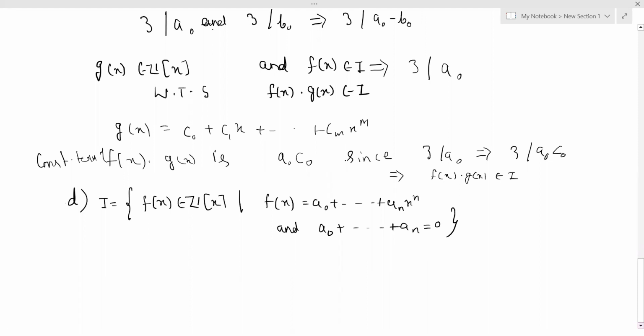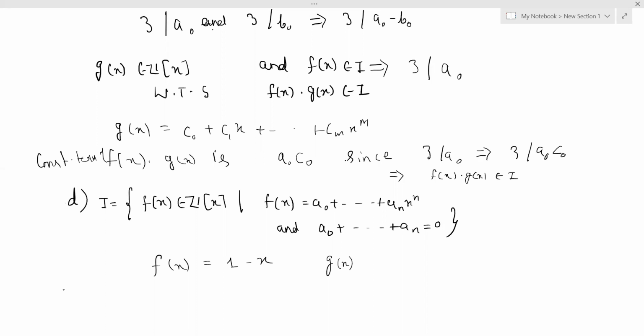Not an ideal? You can take two polynomials with sum of the coefficients 0, but when you add or subtract, the condition may not be true. Okay, give me such an example. f(x) equals 1 minus x, and g(x) you can also take similarly. The sum of the coefficients is 0.